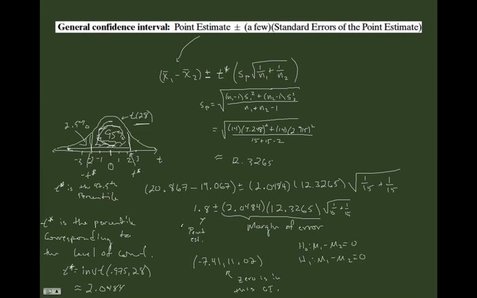So since I'm doing a two-tailed test, in a sense what I'm really talking about is an alpha. We could interpret this for an alpha of 5%. In other words, the idea here is that 0 is one of our possible estimates for the difference in means.